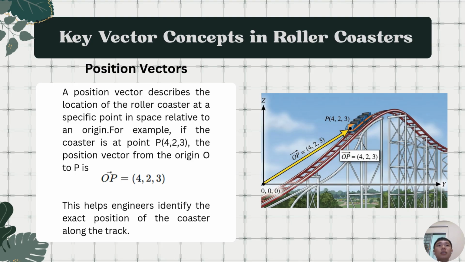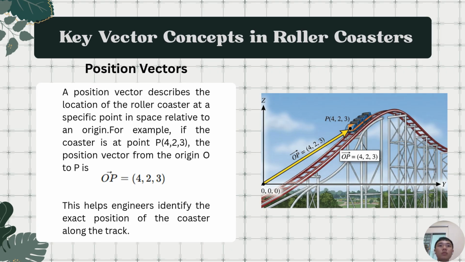This tells us that the coaster is 4 units along the x-axis, then 2 units along the y-axis, and 3 units along the z-axis.